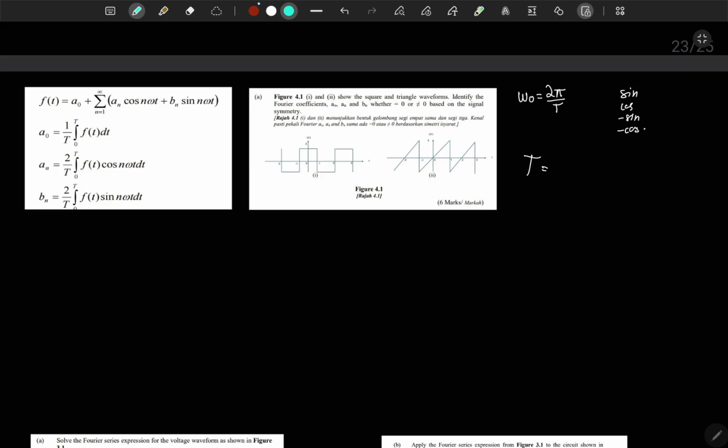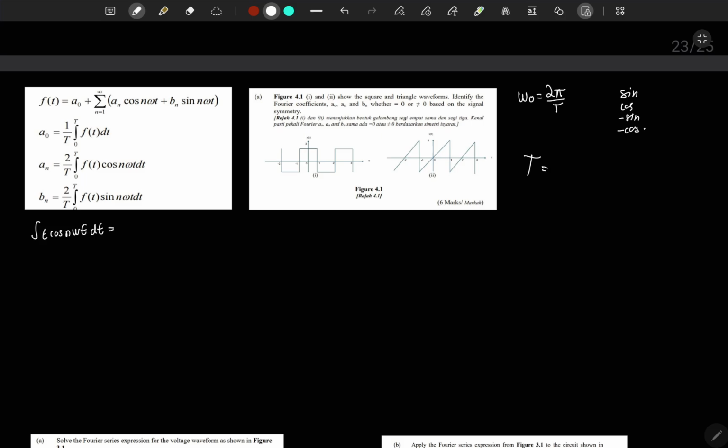Okay, and then we have the partial fraction, partial derivative, but I think this would be easier. Okay, so you have t cos nw0t dt, so you need to integrate this.